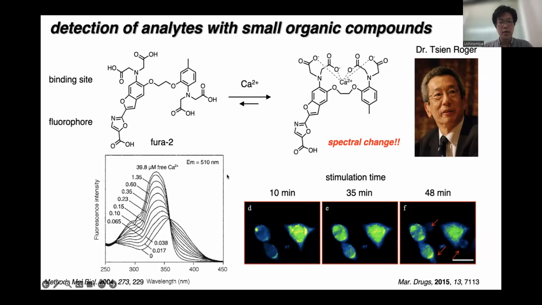So like this, an optical microscope can detect only the structure, the shape of the cell. However, a fluorescent probe can reveal the heterogeneity of the cells. So actually, this cell has a different function from this cell.